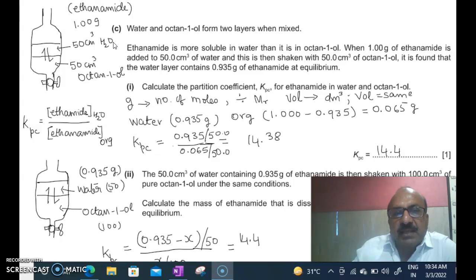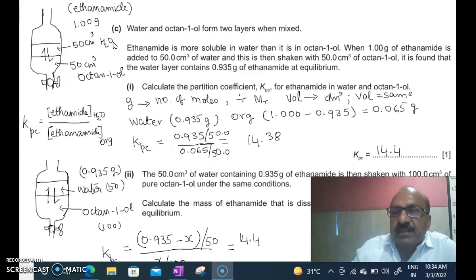Because it gets cancelled out, we don't need actually to divide by the Mr. Similarly, we don't need to convert the volume into dm³, because once again, it's a ratio. So when we divide it by 1000 to convert into dm³, we are dividing the numerator as well as the denominator. So once again, that 1000 gets cancelled.